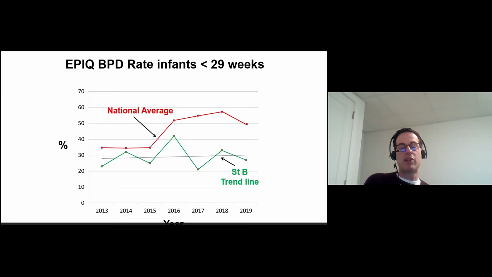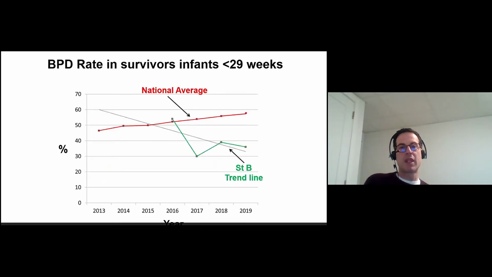So Winnipeg, which has adopted virtually all of these steps in the bundle, has seen a difference. Looking at survivors, you can see a marked improvement in BPD under 29 weeks, whereas the national average has gone up.